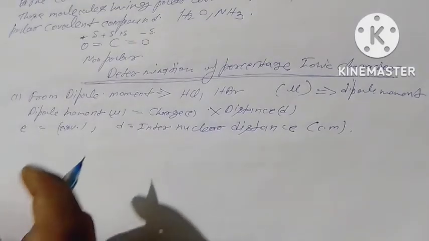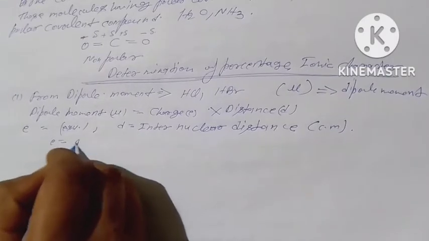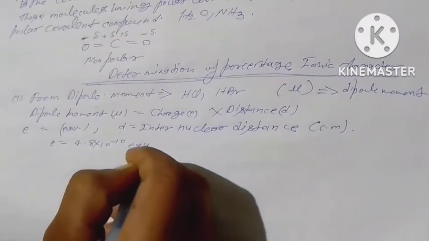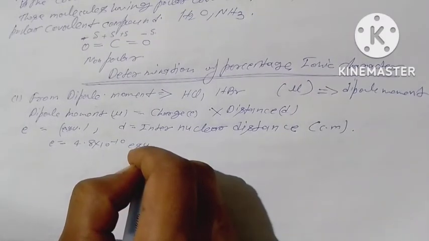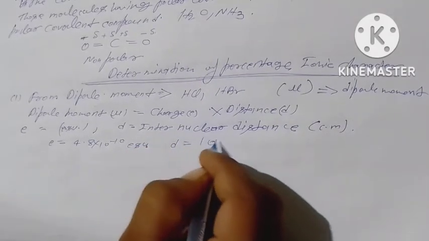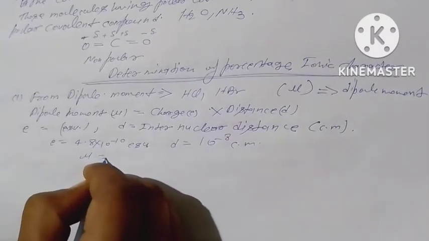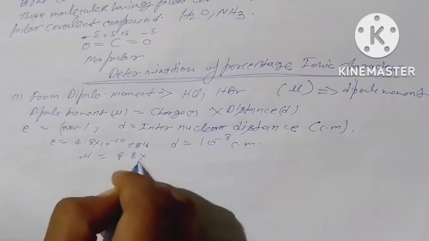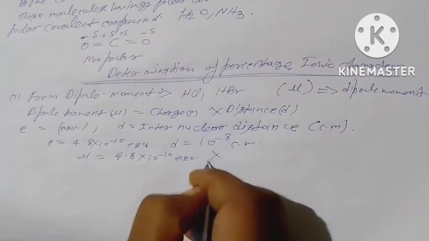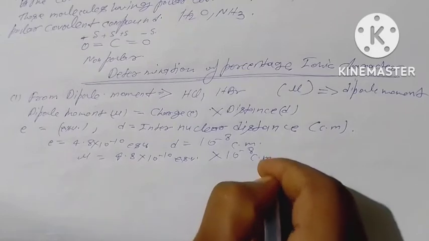Since the charge of the electron e is 4.8 into 10 to the power minus 10 ESU, and the internuclear distance is in the order of 10 to the power minus 8 centimeter, then mu equals 4.8 into 10 to the power minus 10 ESU multiplied by 10 to the power minus 8 centimeter.